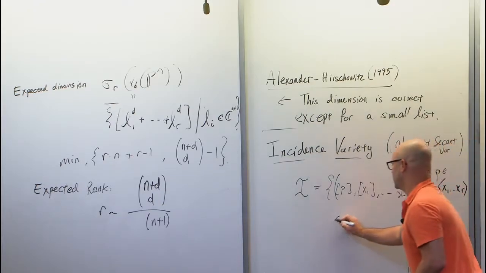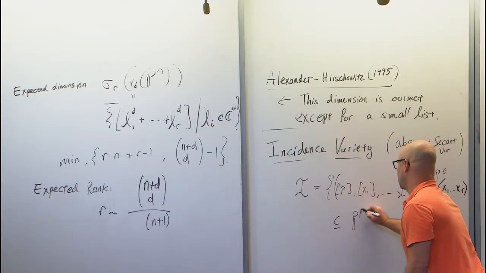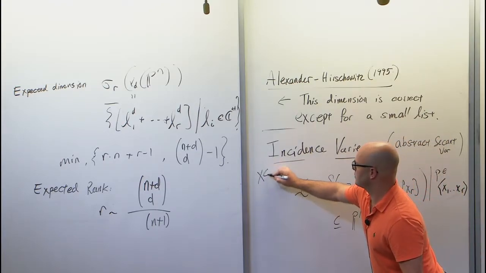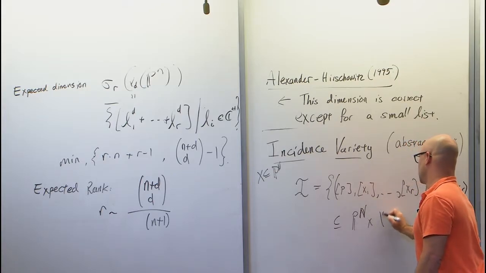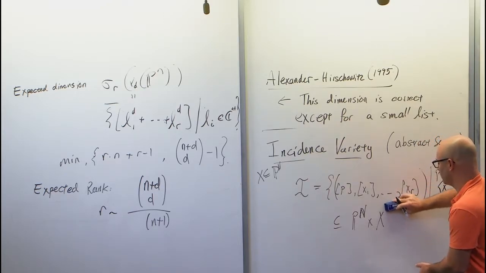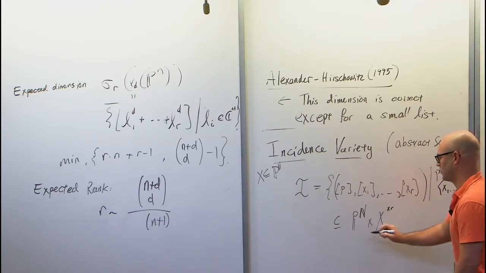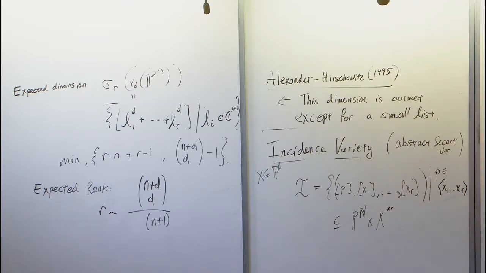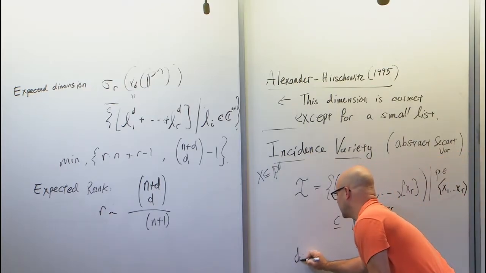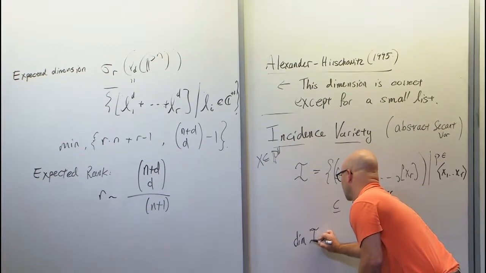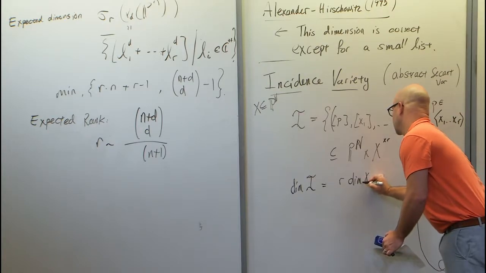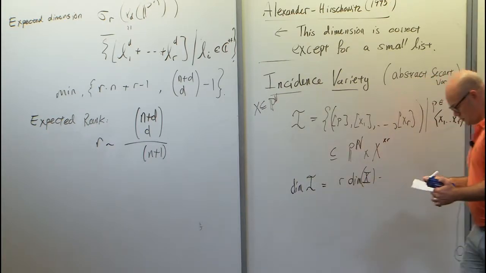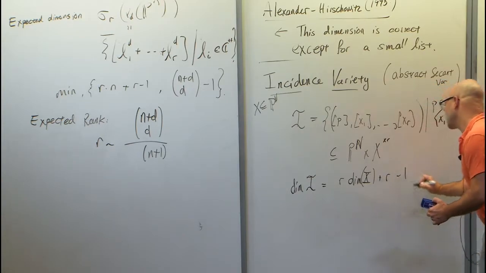Okay, so this lives inside of Pn, so x is in P capital N. This is inside of P capital N cross x, r times. It always has the correct dimension. So the dimension of I is just equal to r times the dimension of x plus r minus 1.